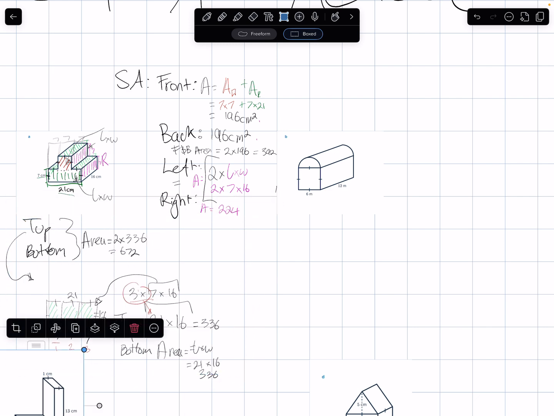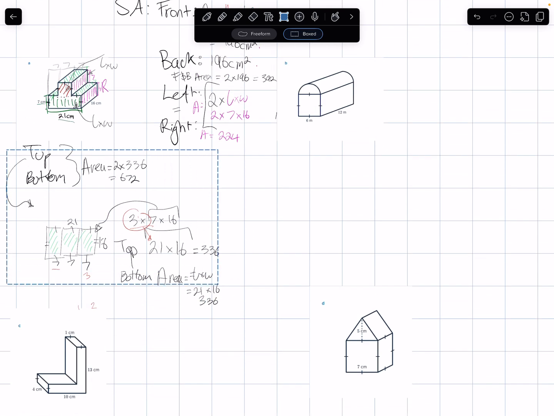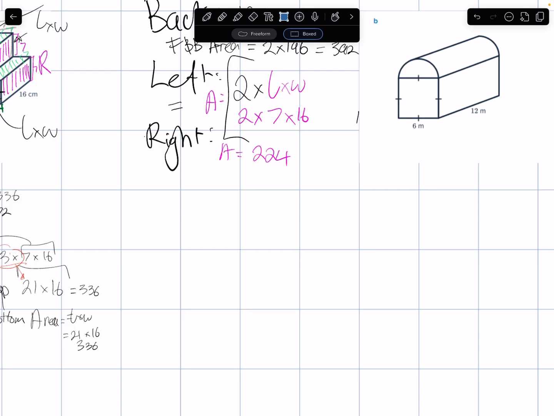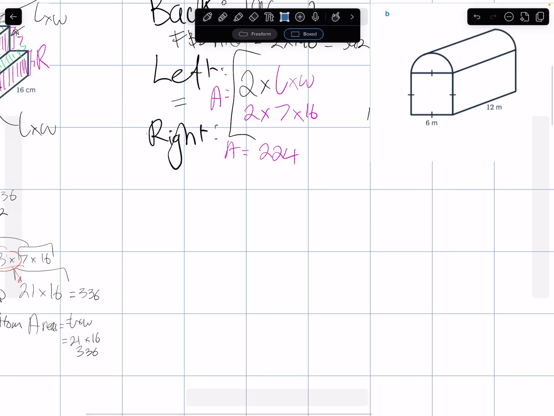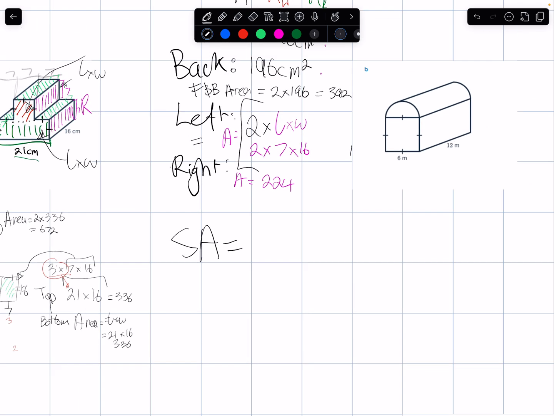All right. So our combined surface area is equal to the combination of all of them.